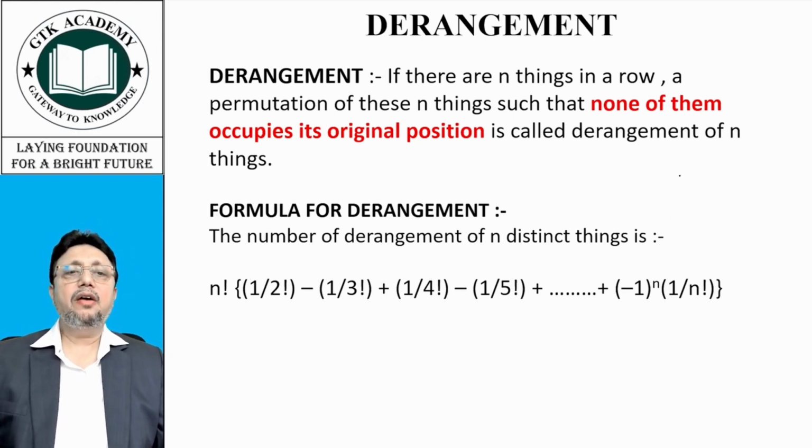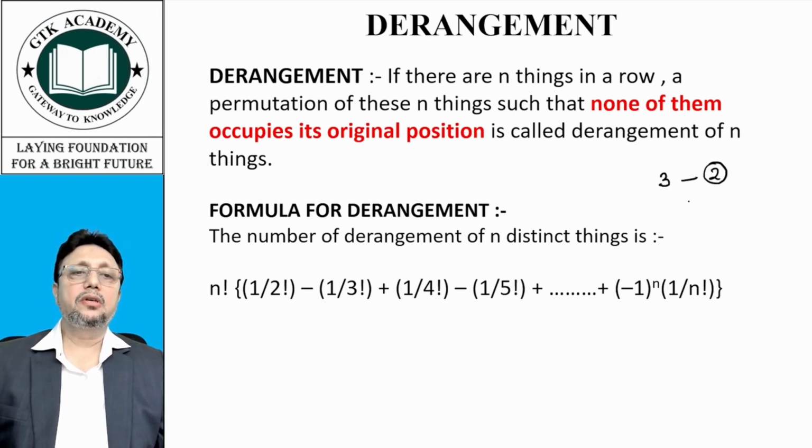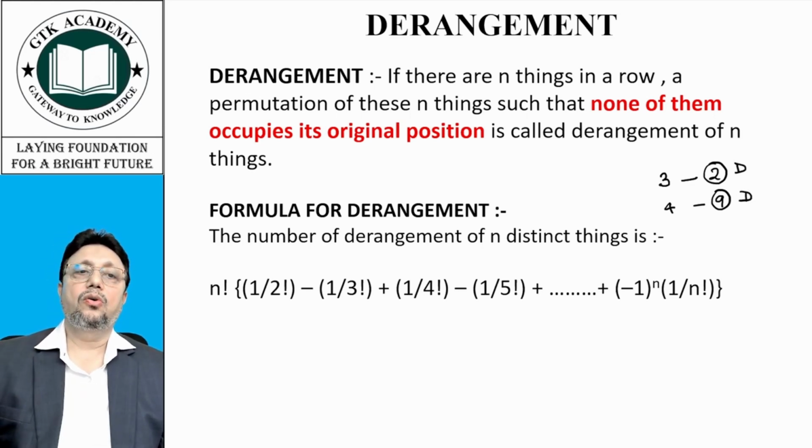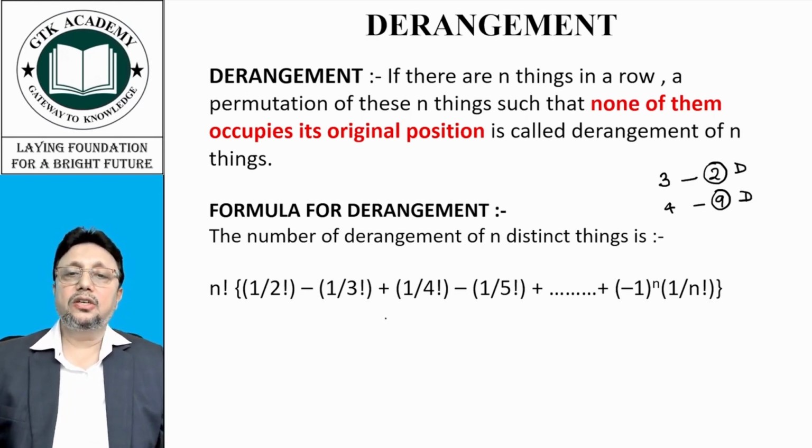Now, we have just found out if there are 3 things, we got 2 derangements, and if there are 4 things, we got 9 derangements. These are just the 2 examples which I discussed just now. Now let us check whether this formula is correct or not.